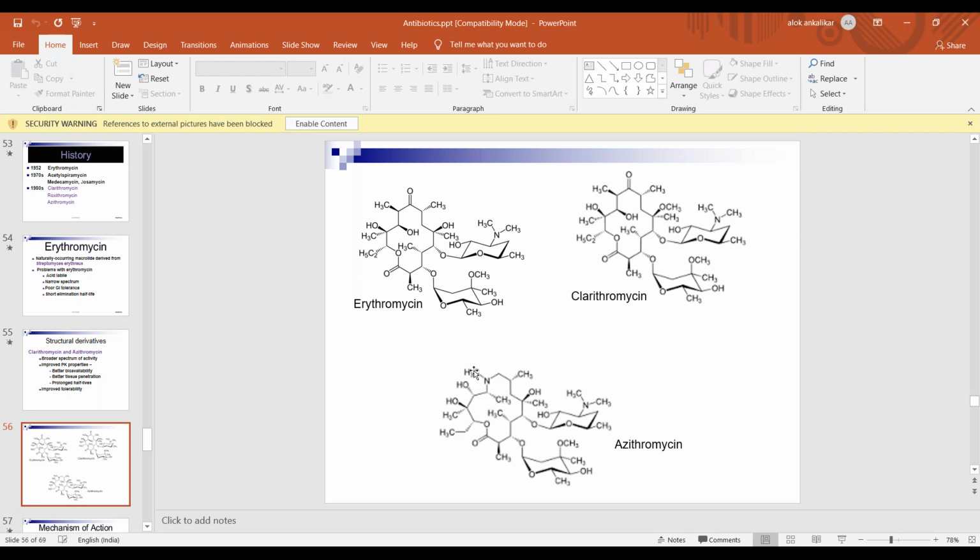Okay, so this was all about the macrolide antibiotics: where they were obtained from, the timeline of macrolide antibiotics, a few examples, their mechanism of action, as well as the SAR of macrolide antibiotics. The major classes of antibiotics, we have been able to cover and finish them.